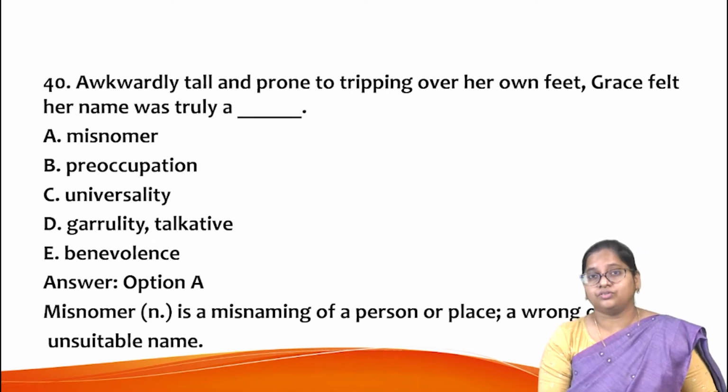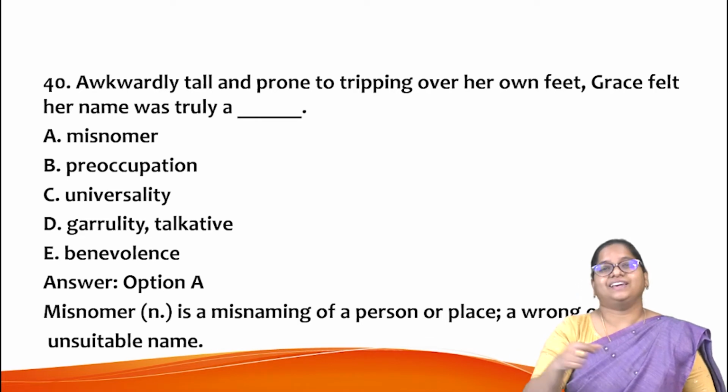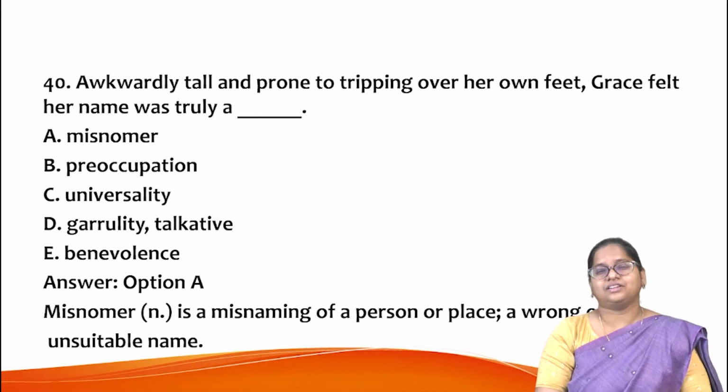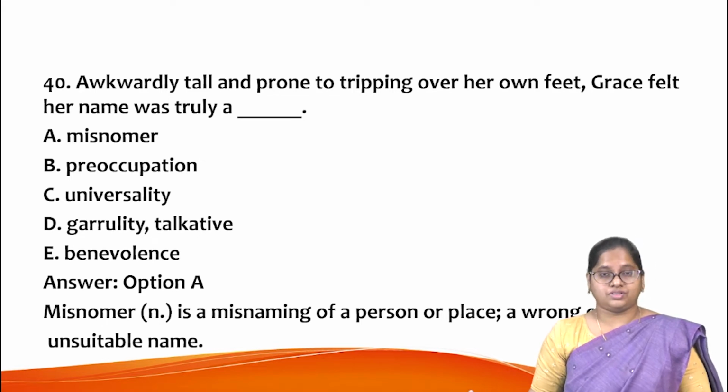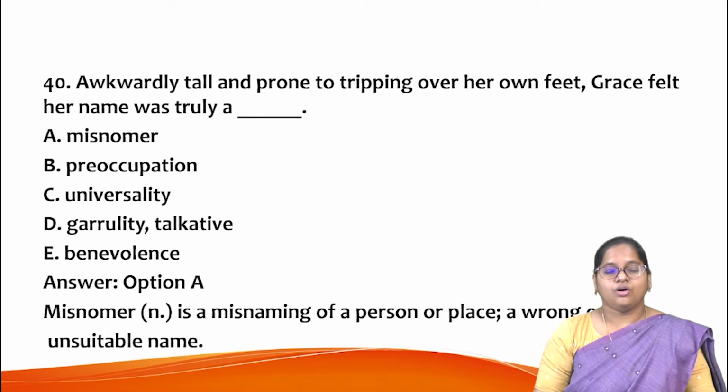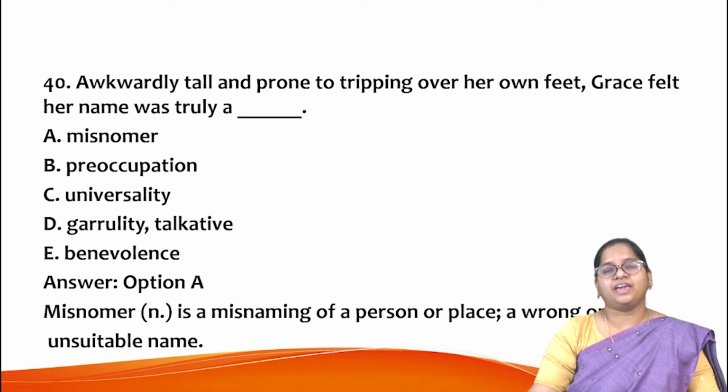If you know the meaning of the word misnomer, a misnaming of a person or place, or a wrong or unsuitable name, then you can think that is the right option. So option A is the right answer. Next question.